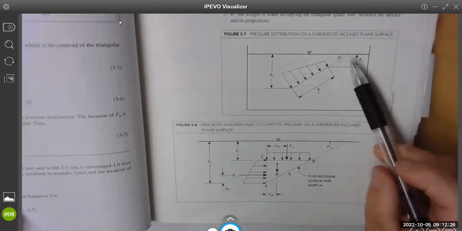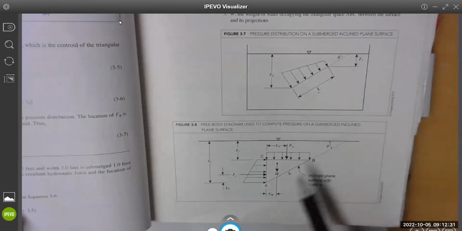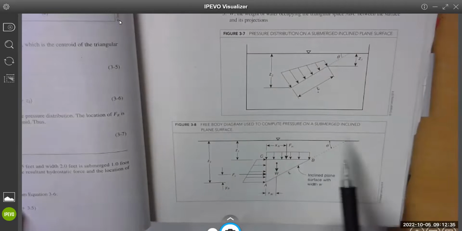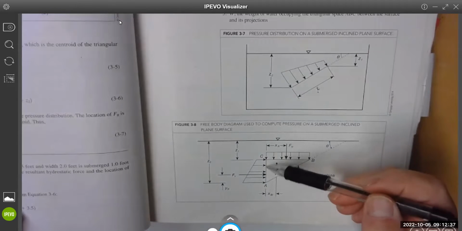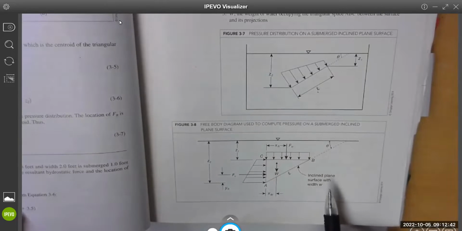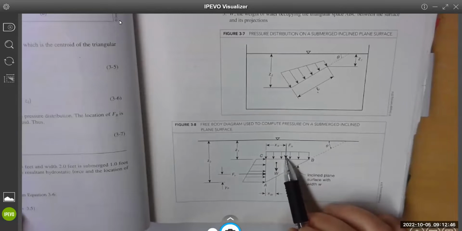So here's our setup, right? We have the same thing, but they break it down into these H and V vertical components. So with the inclined plane, they calculate this H, concentrated load.